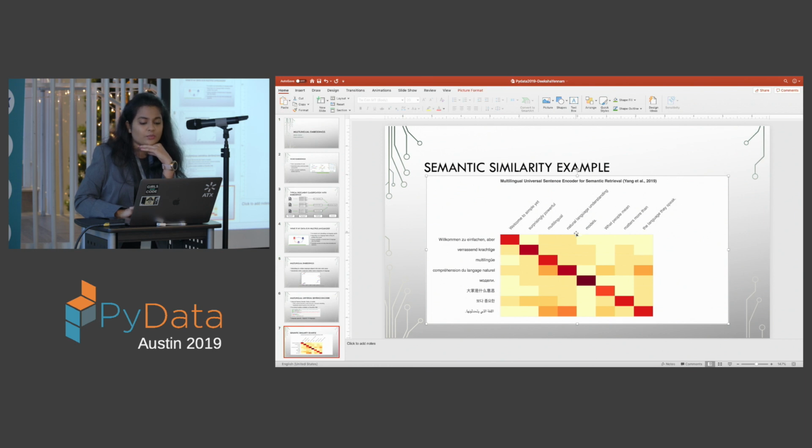So you might expect that natural language understanding will have some similarity to the vector for language they speak in Arabic. So it's not completely correlating, but also you have some slight orange here. So that's just an example of how well the semantic similarity works with universal sentence encoder.